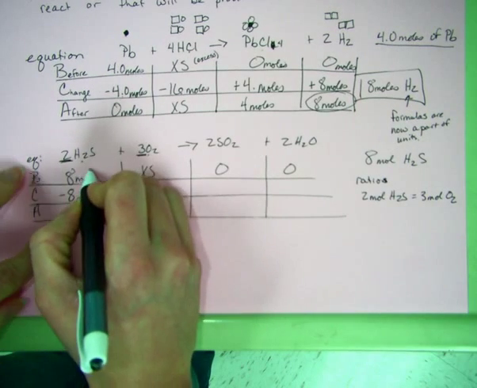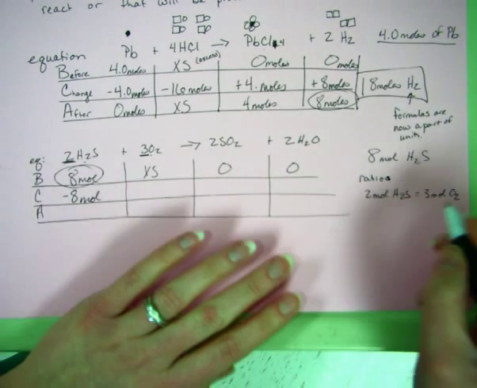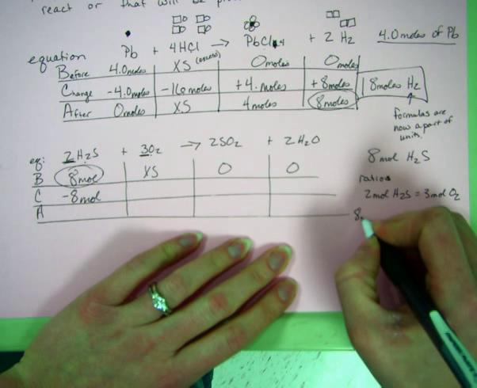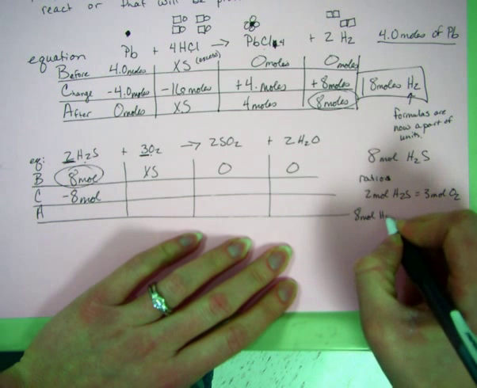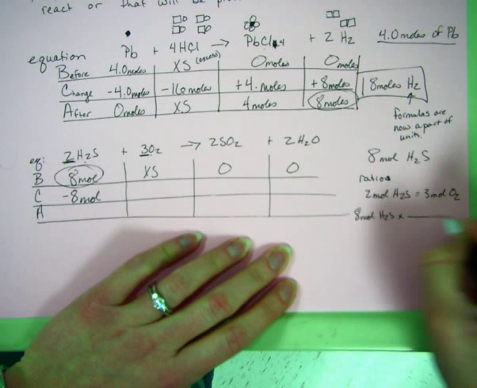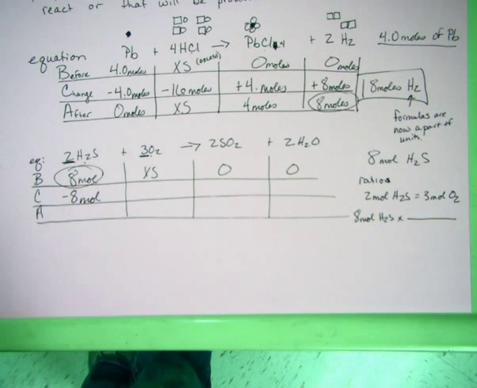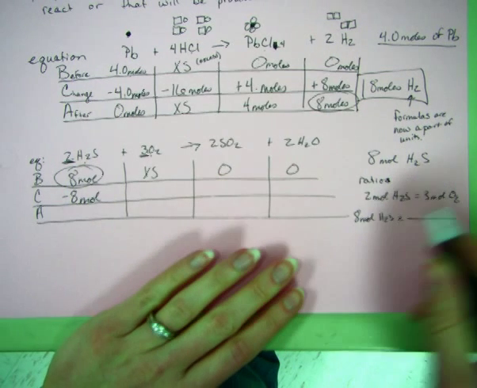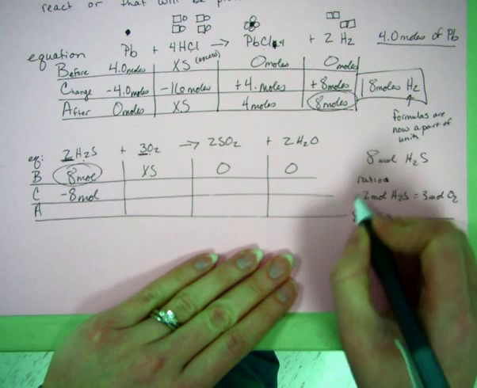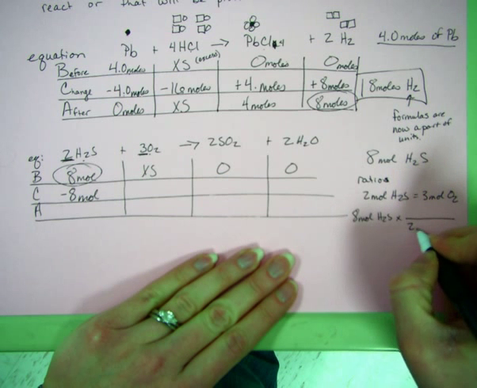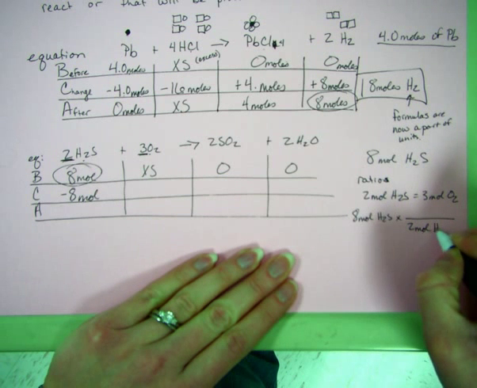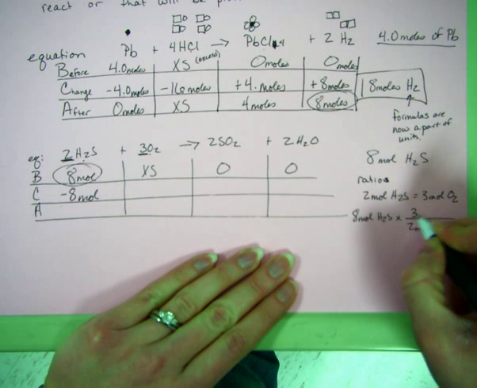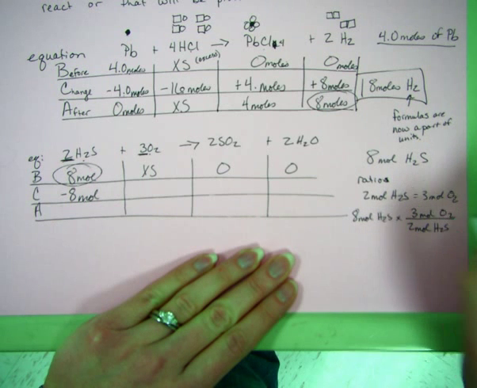I'm starting with 8 moles of H2S, and I need to come up with a ratio to convert between moles of H2S and moles of O2. I want to cancel this out, so I'm going to put these on the bottom. So 2 moles of H2S and 3 moles of O2.